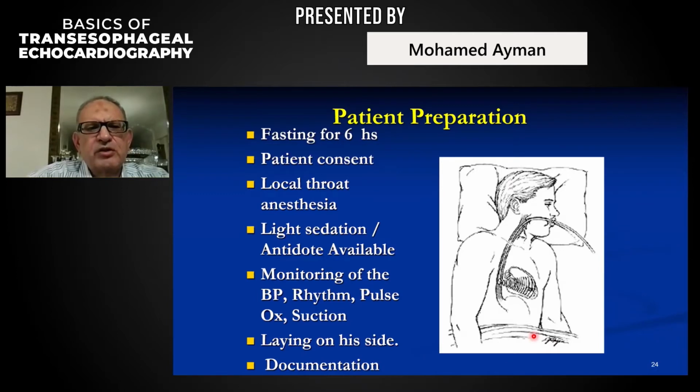You have to fix your patient and monitor the blood pressure, the rhythm, the pulse ox, and you should have a suction close to the patient to aspirate the excess salivation which might come during the procedure. The patient should be lying on his side, and you should document your study by acquiring different views during the study.